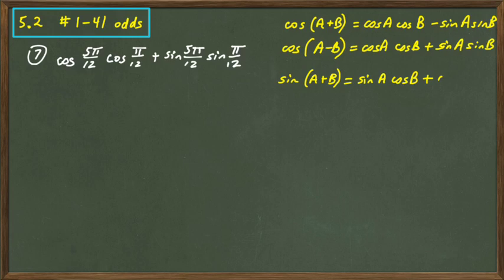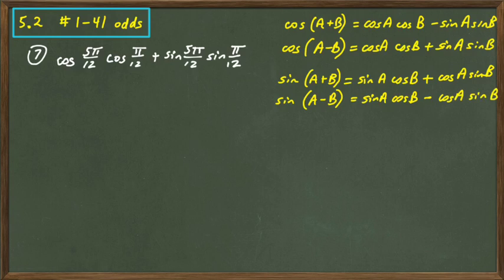So it would be cosine A, sine B. I just remember that they're the opposites. And again, if it's a minus, sine keeps the same sign. So sine A, cosine B, then minus cosine A, sine B.